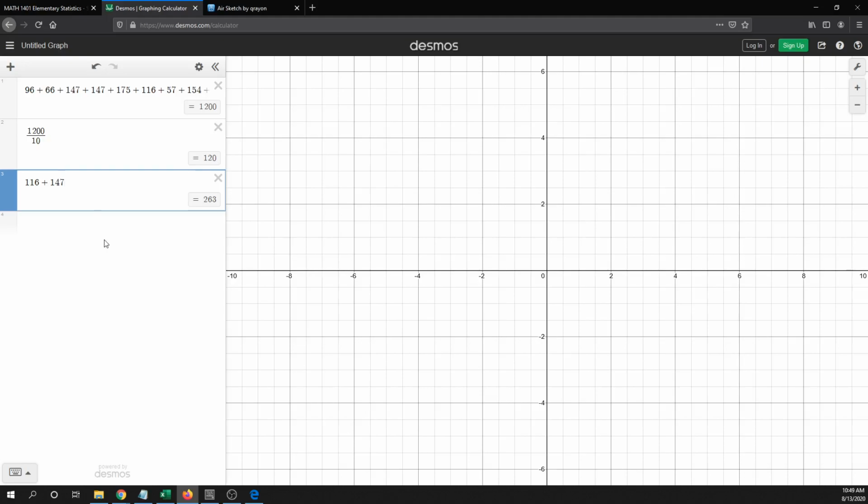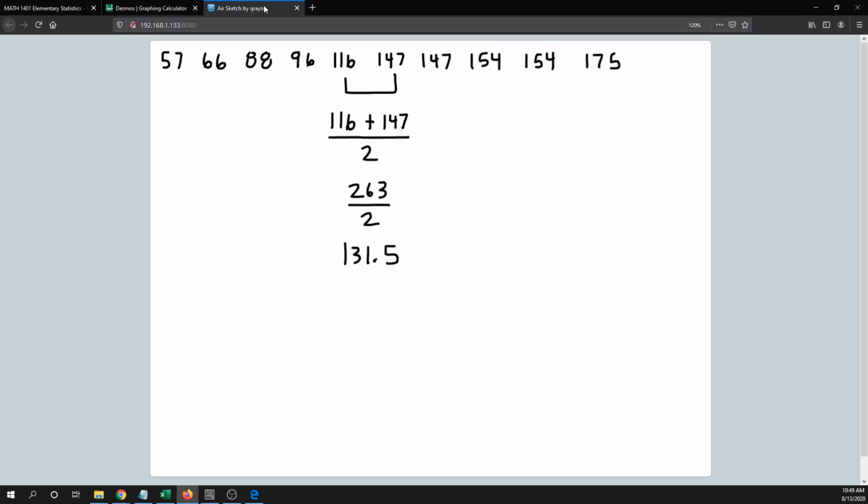And then 263 divided by 2 is 131.5. All right, so that is the median of the data set.